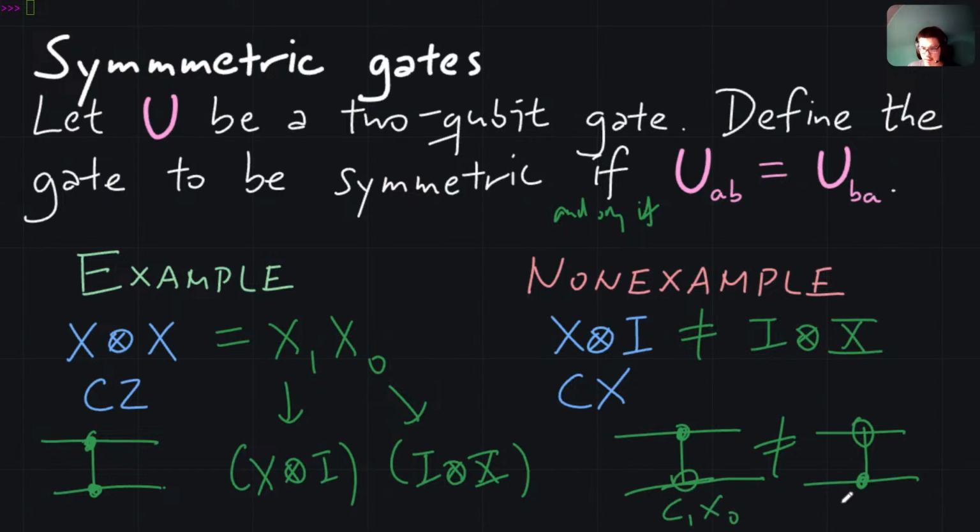The right one is C0X1. X against X is nothing more than two separate gates applied in parallel, which can also be expressed in series as well. So it's going to be X1 and then X0.